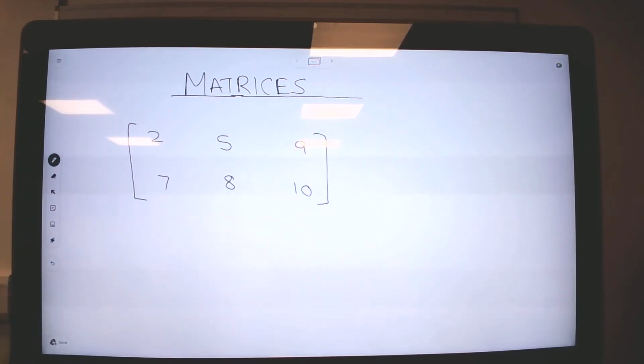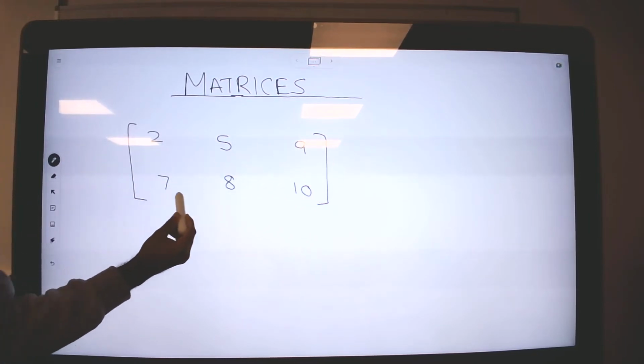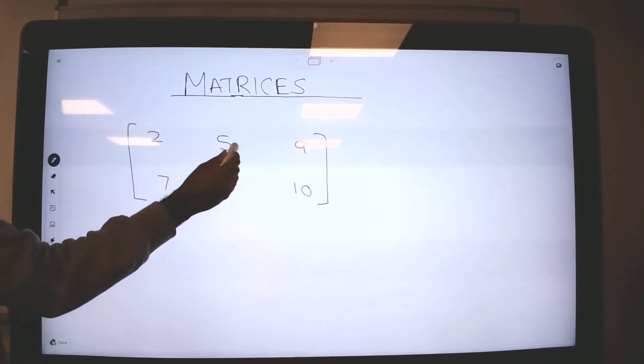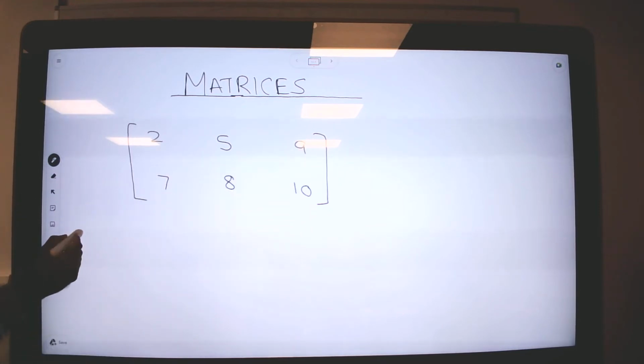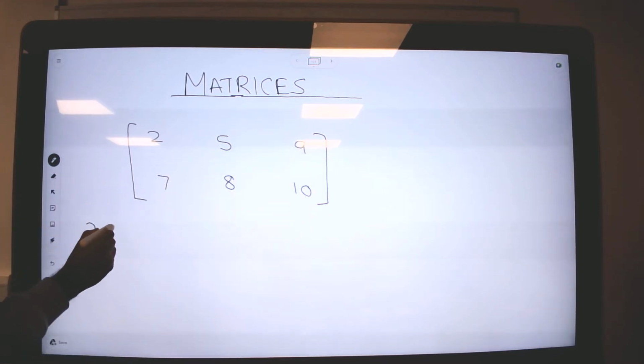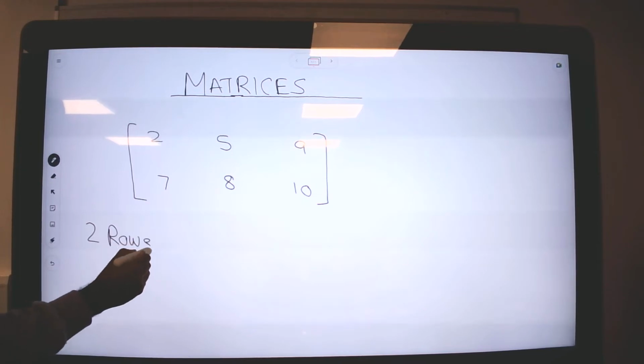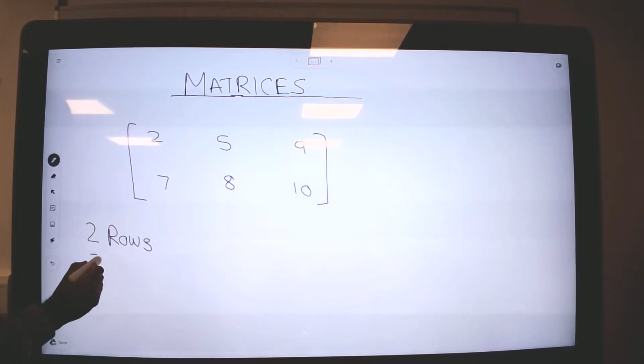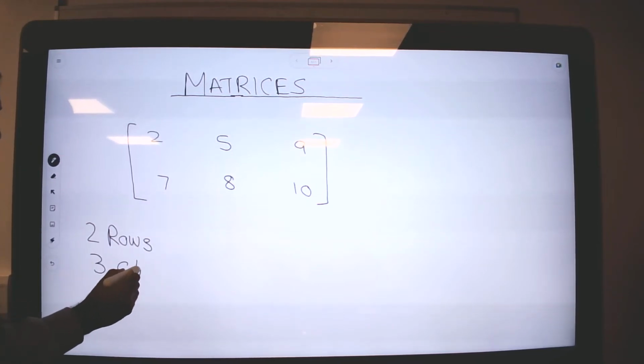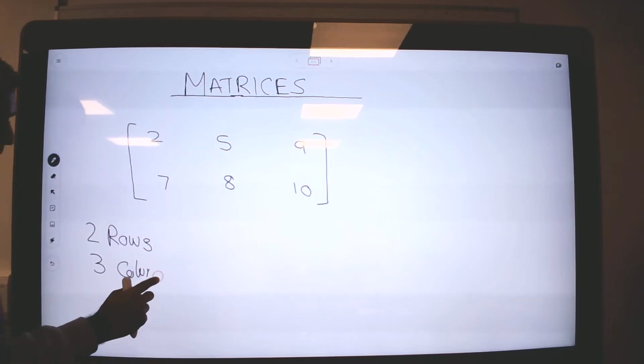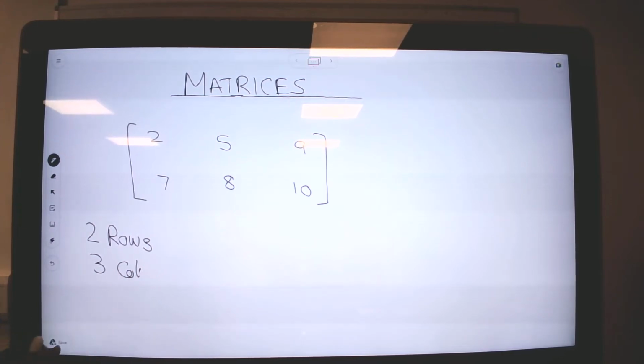When we define matrices, we have things called rows and columns. So this is a row, and these are columns. This matrix contains 2 rows, and it also has 3 columns. So 3 columns and 2 rows.